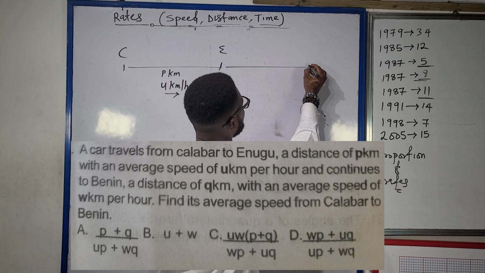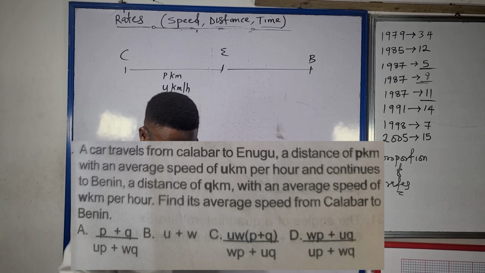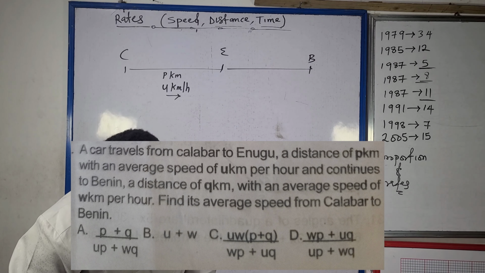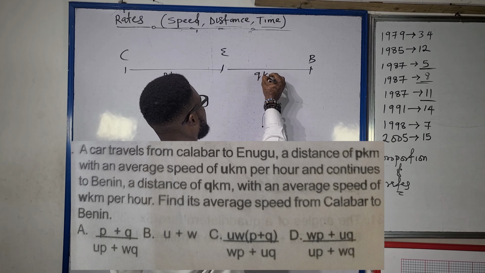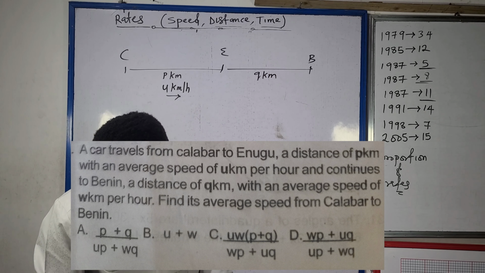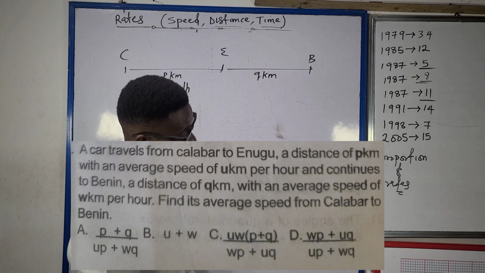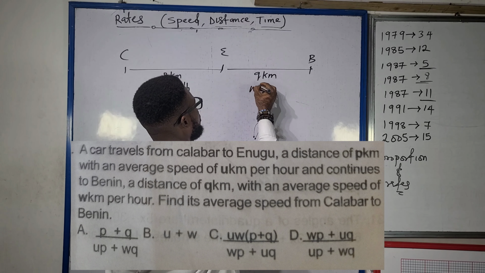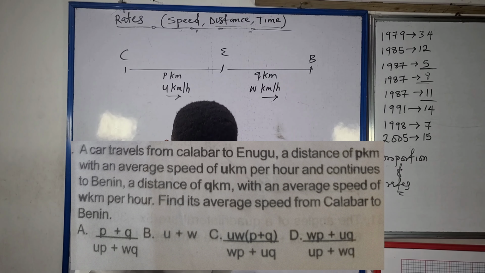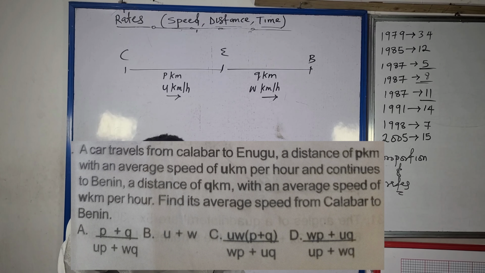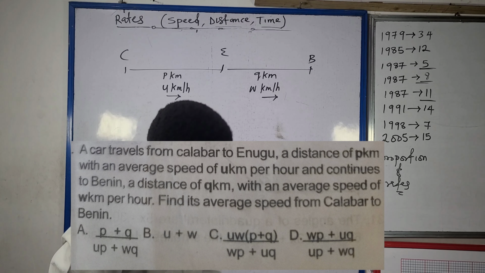So from here it continues to Benin, which is a distance of q kilometers with an average speed of w kilometers per hour. Okay. Now what they want is to find the average speed from Calabar to Benin.